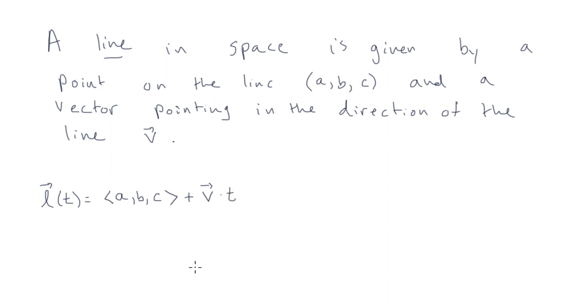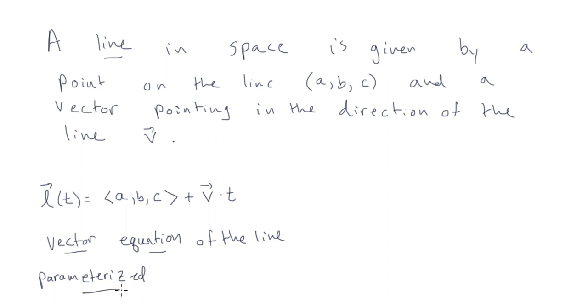So this is also called the vector equation of the line. And so this t is what's called a parameter. So it's parameterized by t.